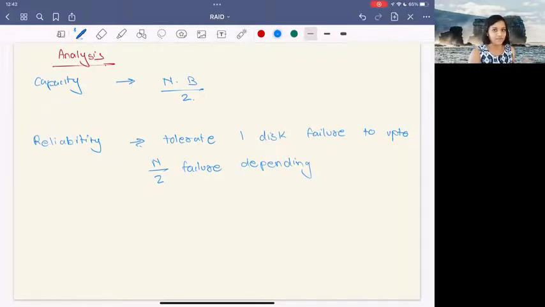Why not just exactly equal to 1 or exactly equal to N by 2? What would it depend on? Which disk fails?